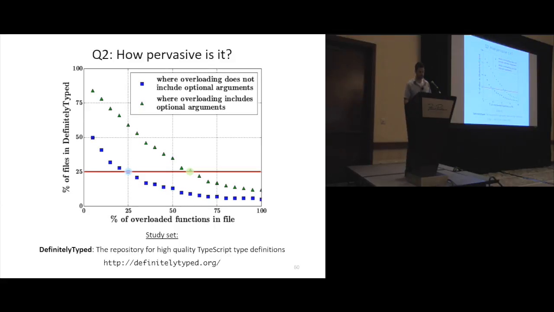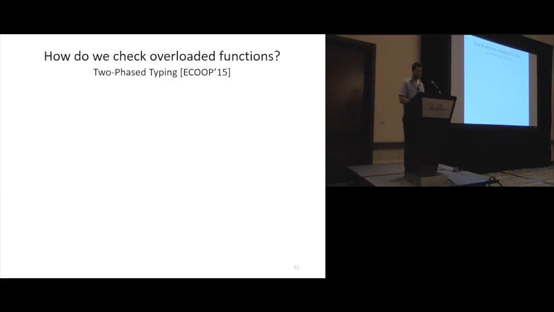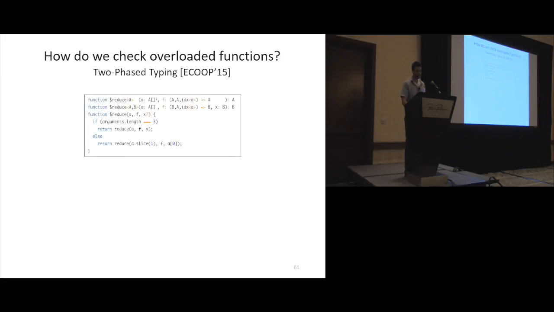And if we actually account for optional arguments as being a version of overloading, this percentage grows up to about 60%. So this is something that developers have in mind when they create their type interfaces. So how do we actually check overloaded functions? We presented a solution to this in our paper last year at ECOOP, with our technique called two-phase typing. So I'll describe this briefly.